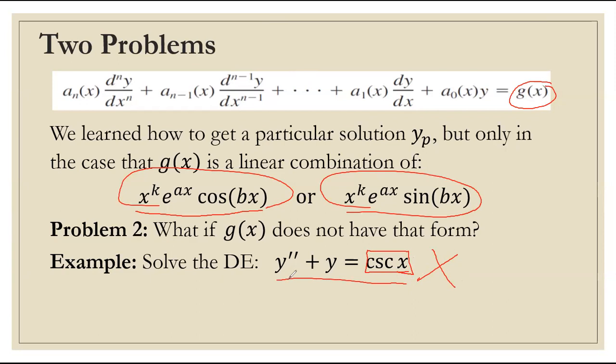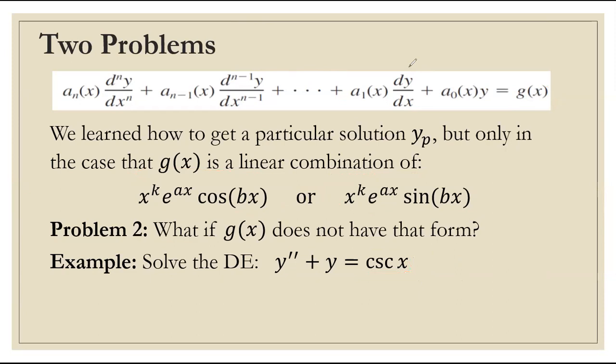So the 2 difficulties which I'm going to deal with are, first, if the coefficients aren't constants, how to solve this equation. And the second difficulty is if g(x) is a complicated function and there is no annihilator for it. What should I do?